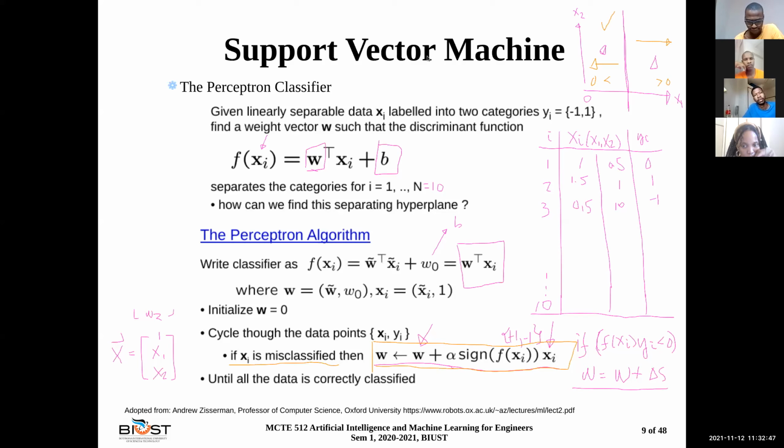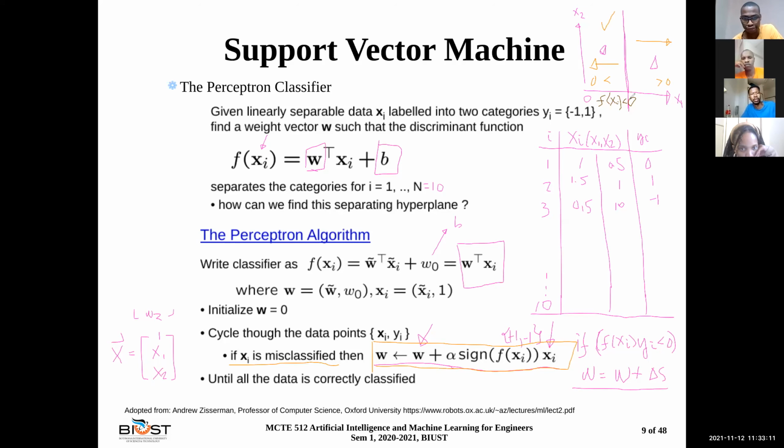Remember that in our computation here, for all xi in this region, f of xi is less than 0. Do you see what I'm writing on the board? Is it clear to you?